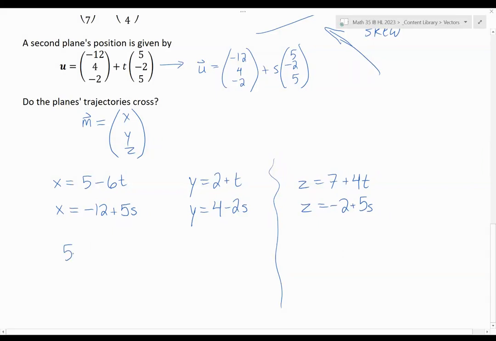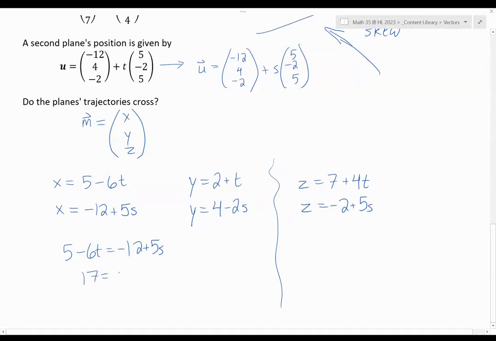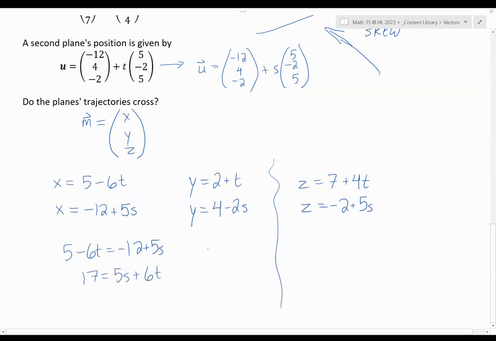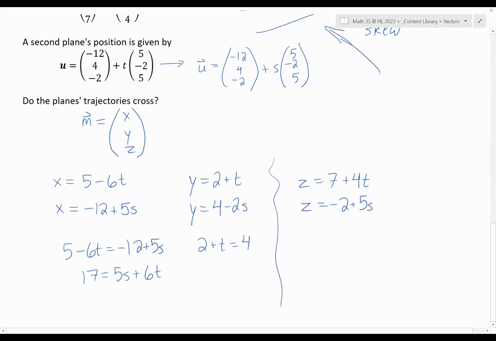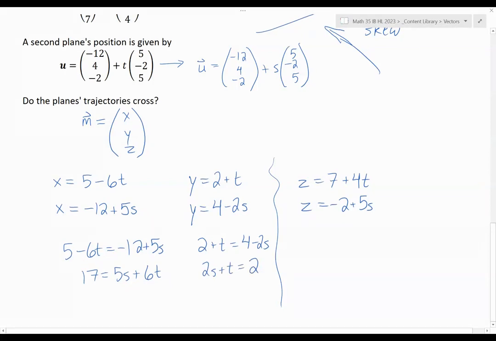So that's 5 minus 6t equals negative 12 plus 5s, because, of course, x equals x. So that means that 17 equals 5s plus 6t. And in the second one, 2 plus t equals 4 minus 2s, which means that 2s plus t equals 2. So solving this system, I'm just going to solve it using a matrix.